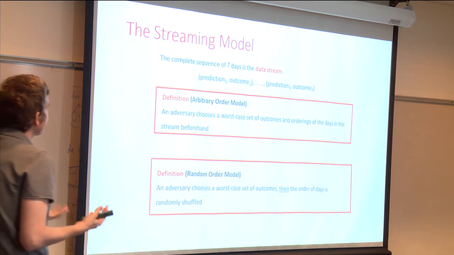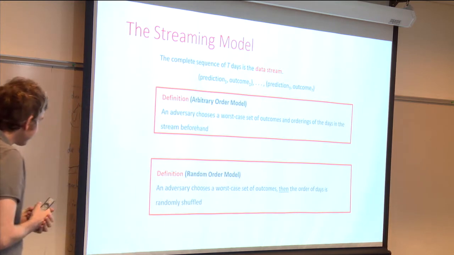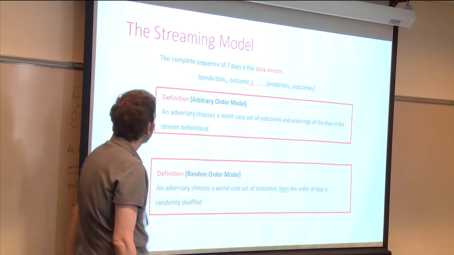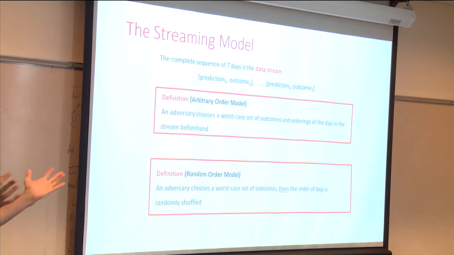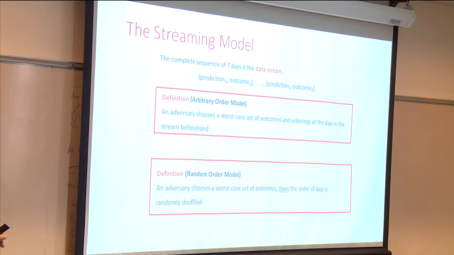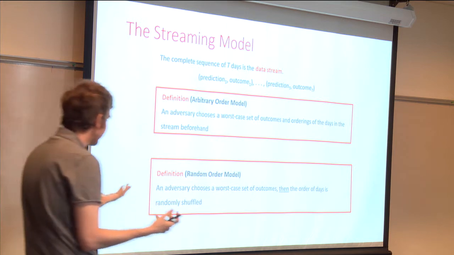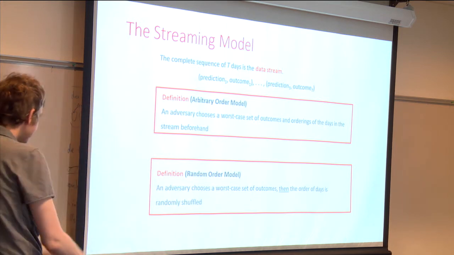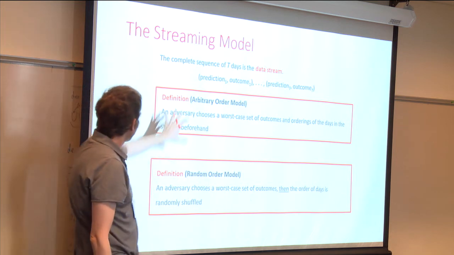There are different notions of a streaming model. There's the arbitrary order model, in which an adversary chooses a worst case input for you. It chooses all the predictions and outcomes on the days, and puts them in some arbitrary order. That's one model we'll study.